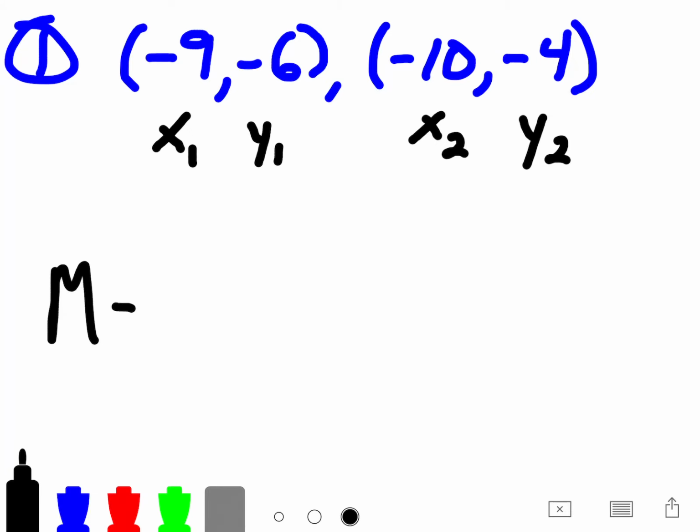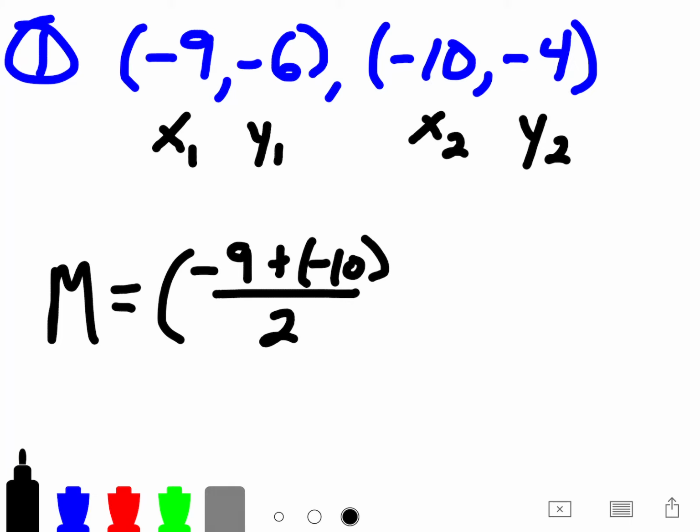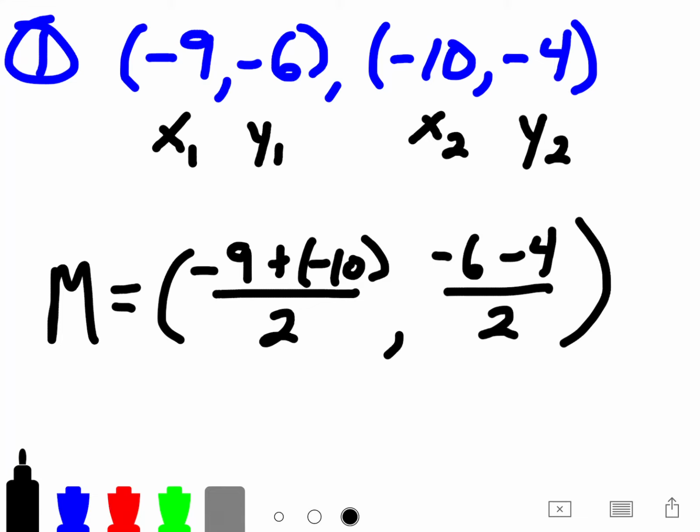So let's go ahead and do our midpoint formula. The midpoint formula says, I'm going to add my x's together, so -9 plus -10, divided by 2, comma, let's add our y's together, -6 plus -4, divided by 2. -9 plus -10, or -9 minus 10, it's the same thing, is -19.